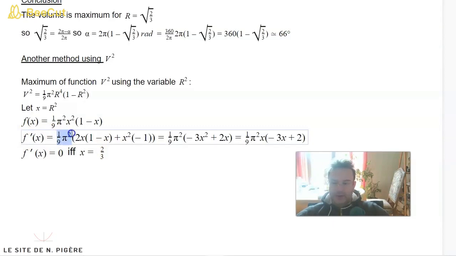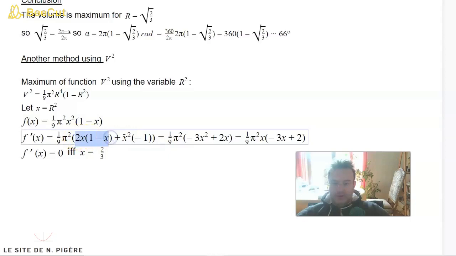1 over 9 pi squared is a constant, and we differentiate with respect to x. The derivative of x squared is 2x. 1 minus x remains, plus x squared times the derivative of 1 minus x, which is minus 1 or negative 1. Then we calculate this.